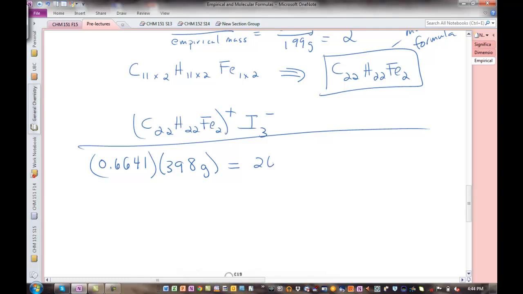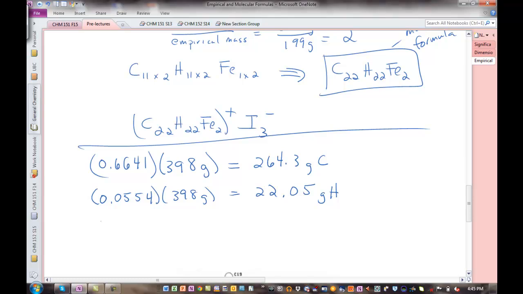264.3 grams of carbon. All right, hydrogen was 5.54%, so 0.0554 for hydrogen, again times the molar mass. I'm going to carry an extra sig fig here, even though I only have 3, to try to avoid some rounding error. 22.05 grams of hydrogen.